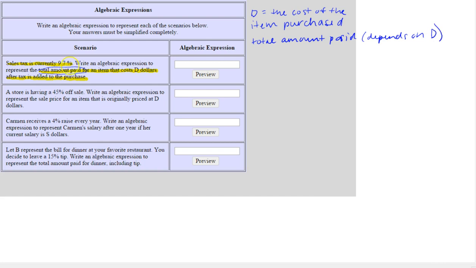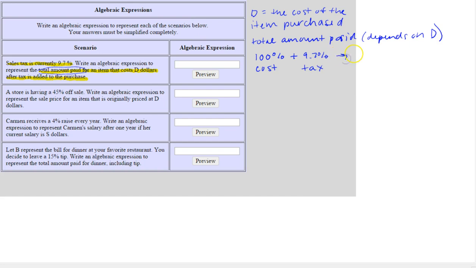Well, there's a couple of ways to think about this, and typically you may think, well, you pay for the cost of the item, and let's just write this in terms of percents. So you pay 100% of the cost, and then you're also going to pay 9.7% for tax.